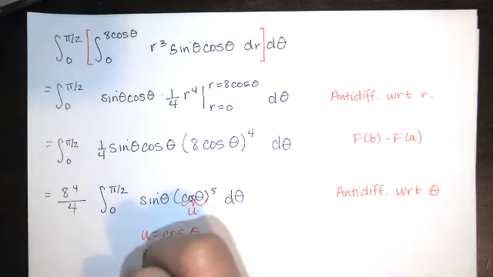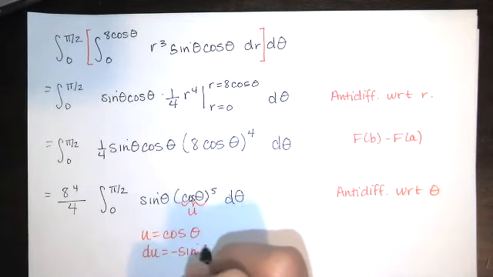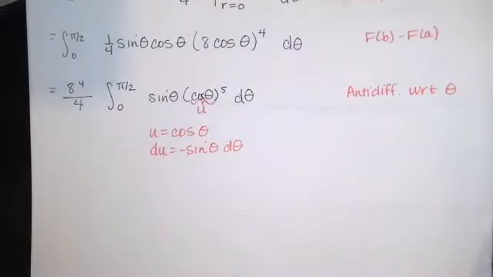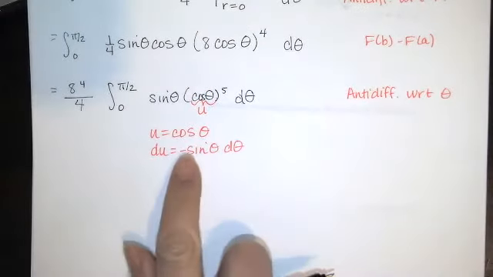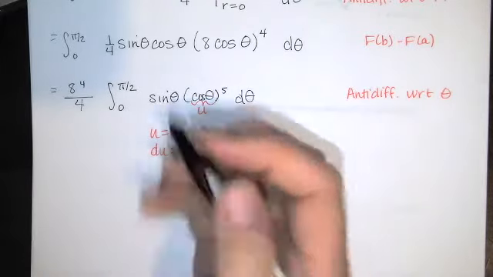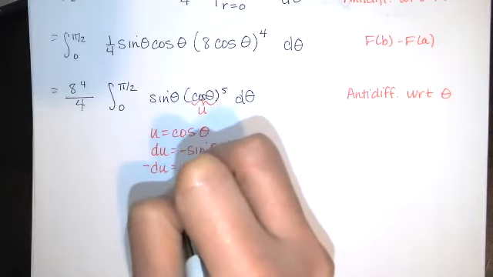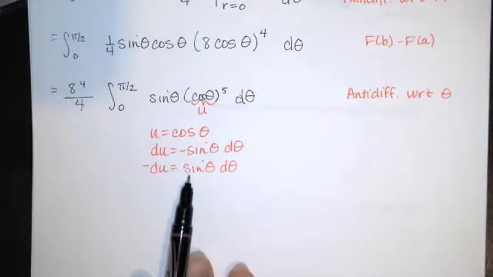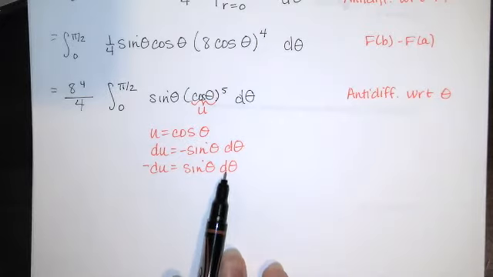The derivative of cosine is negative sine. Don't forget your d theta when you're computing du. And I don't have a negative sign, so I will multiply both sides of this equation by negative 1, and I get negative du is a positive sine of theta d theta.